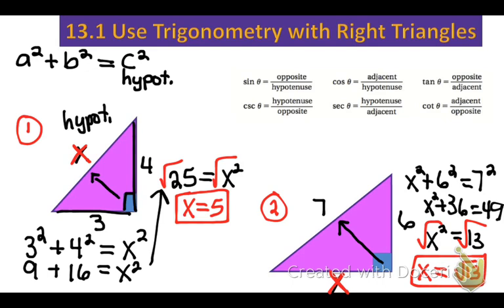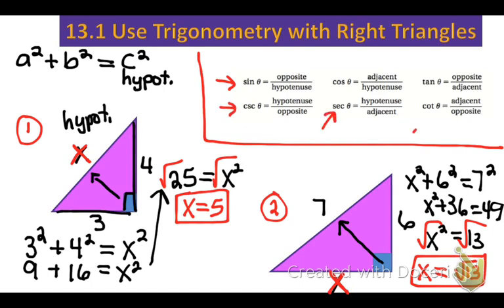All right. So now we're going to look at the top of the screen, and I took this from your textbook. Here we have sine, cosine, and tangent going across. Then we have the reciprocal of each one of these, cosecant, secant, and cotangent. So let's just look at the tangent and the cotangent.